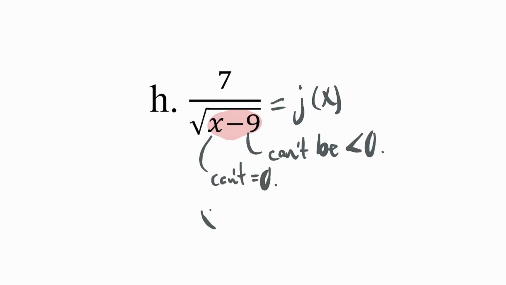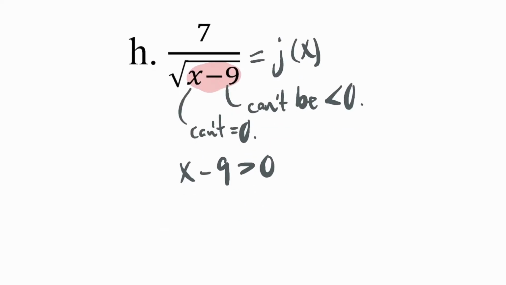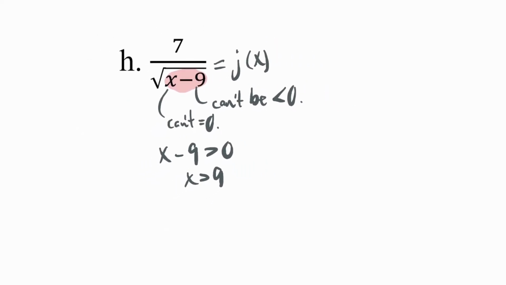So x minus 9 is greater than 0. Because if x minus 9 is 0, then we would be dividing by 0. So that's not allowed. So I can solve this inequality and get x is greater than 9. So I want everything that's greater than 9. I won't draw a number line this time. But if I want to say everything greater than 9, then I start my interval at 9, not including it, and go up to infinity, because that will include everything greater.